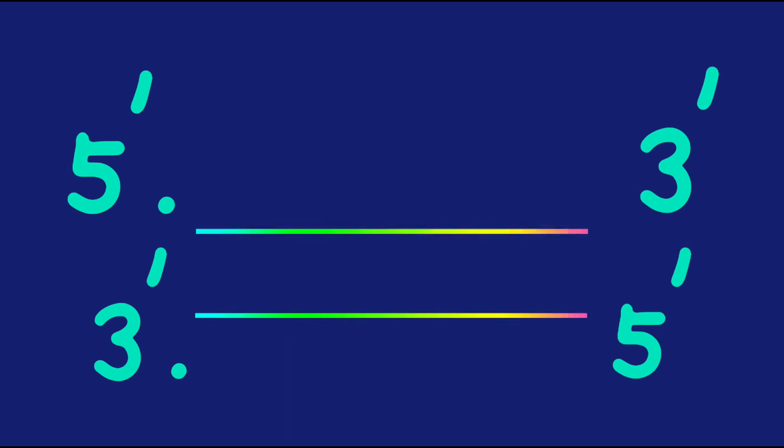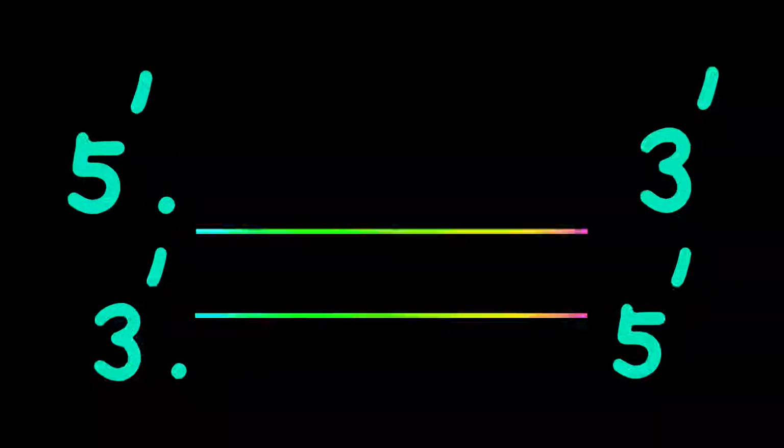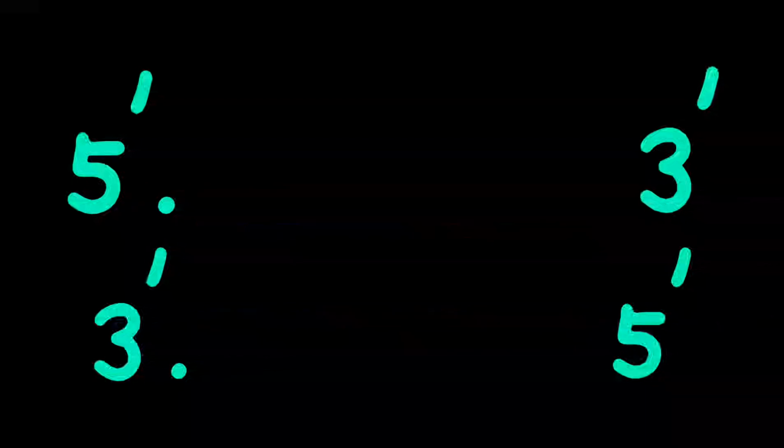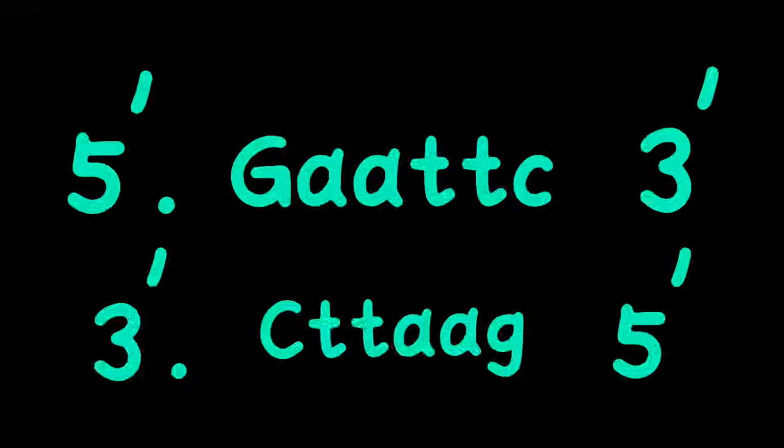For example, the following sequence reads the same on the 2 strands in the 5' to 3' direction. This is also true for reading in the 3' to 5' direction. Here in NCERT it is given as 5' GAATTC 3', and on the other strand it is 3' CTTAAG 5'.